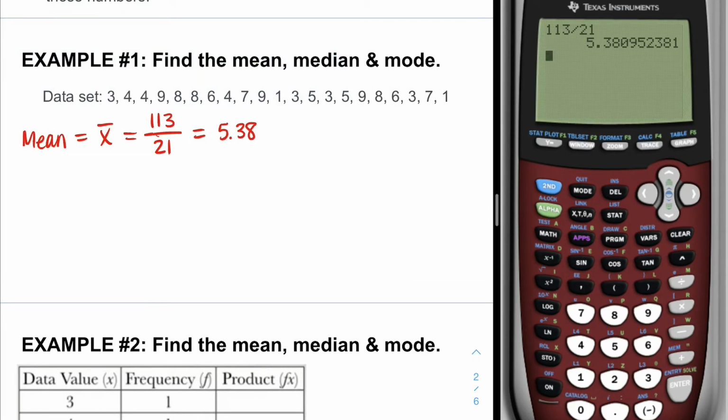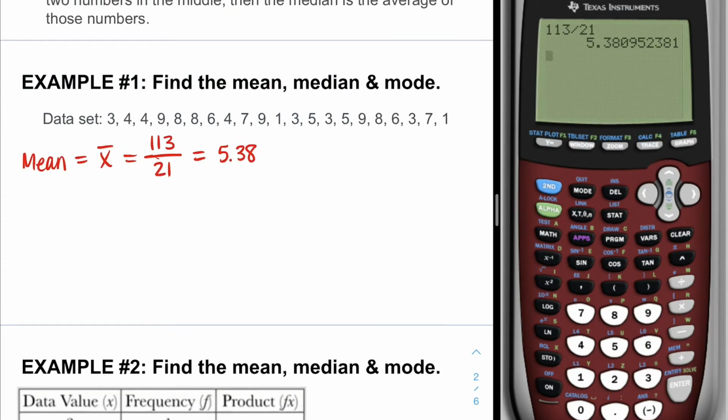The next thing I want to do is find my median. In order to find the median, your numbers have to be organized from least to greatest. When we find it in the calculator, median is the same thing as having MED. Your median is MED. So I want to organize my numbers from least to greatest.